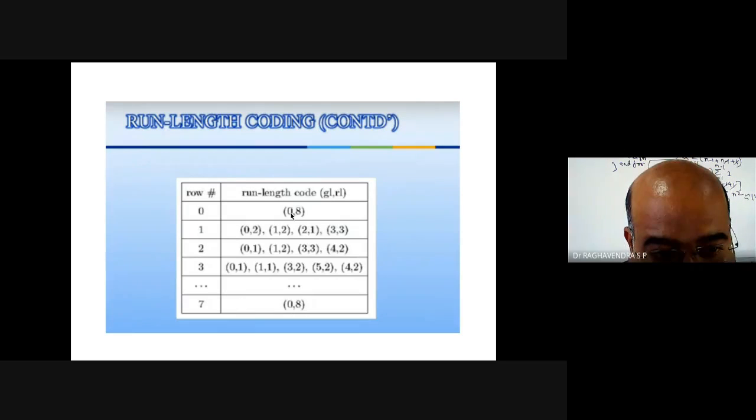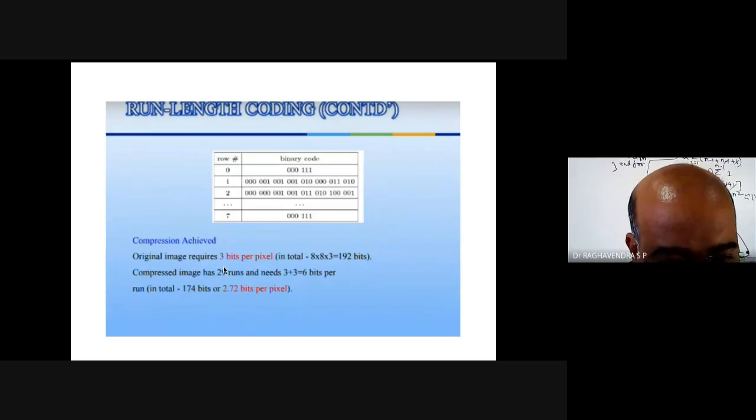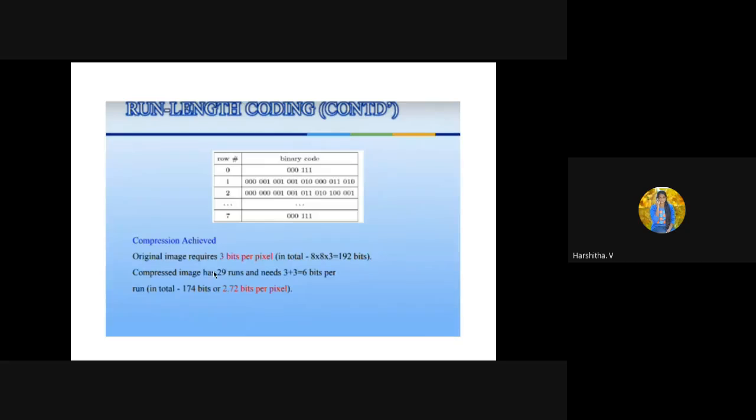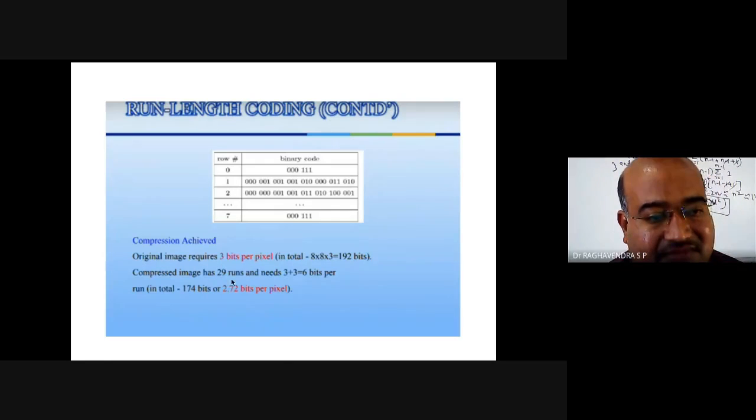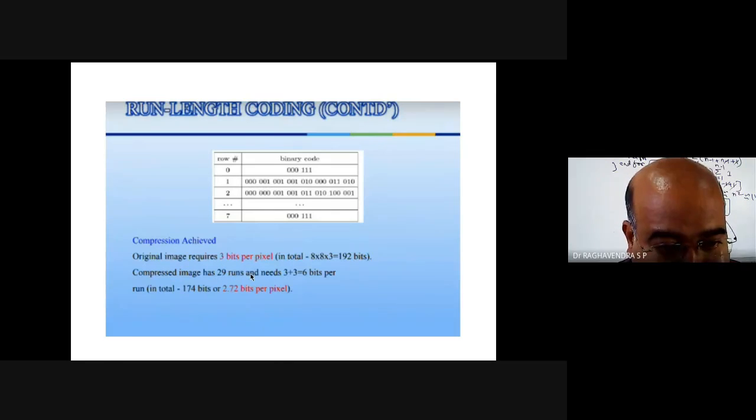Look, count all of this: 1 2 3 4 5 6 7 8 9 10 11 12 13 14 and so on. If you continue up to 0,8, how much count do you get? It is 29. 29 runs. So this is the original image, this is the compressed image.